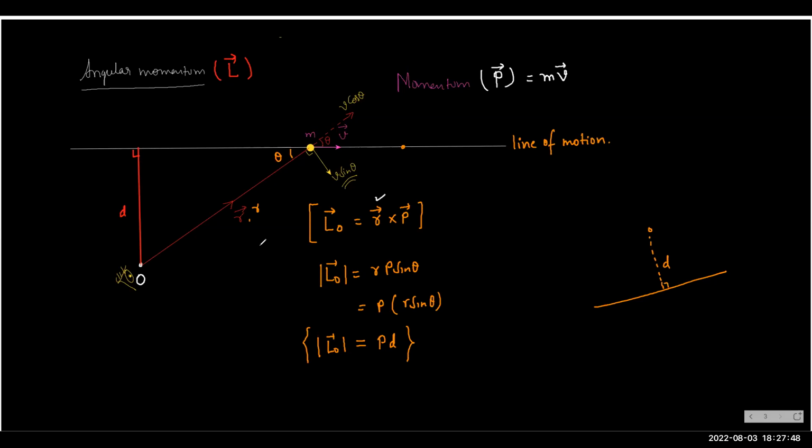Can you feel the turning effect? Out of these two components, which component do you think will give the turning effect, guys? V cos theta or V sin theta? Tell me.